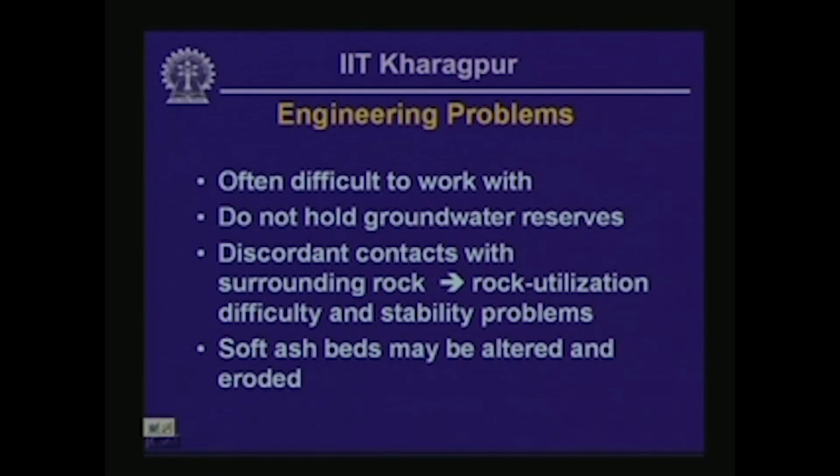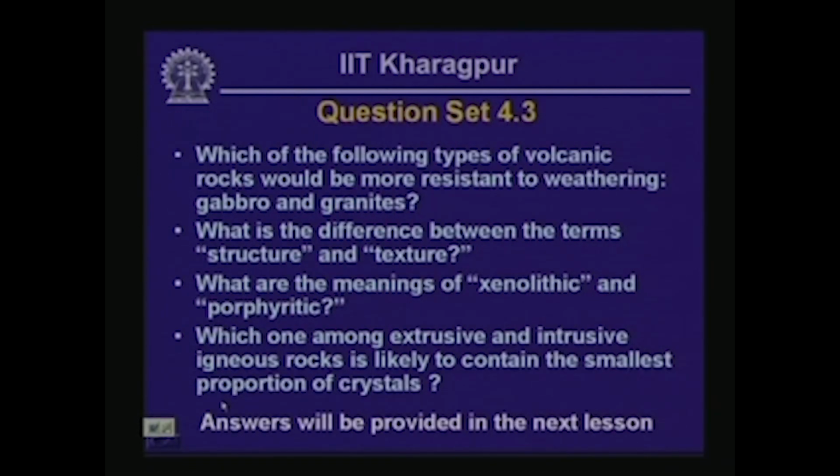Igneous rocks are often difficult to excavate or blast, so they are difficult to work with. Then igneous rocks do not hold groundwater reserves because of their impervious nature. Then igneous rocks could have discordant contact with the surrounding rock. This could lead to rock utilization difficulty. Those are the typical problems.